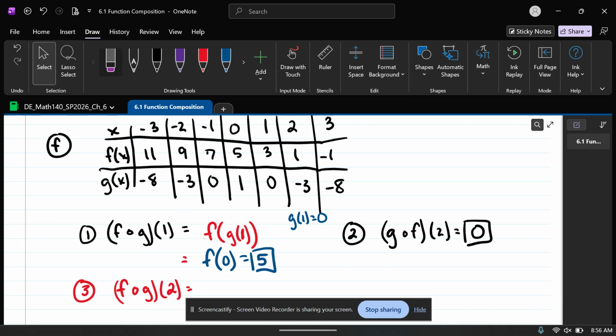That's the g of x. -3 and 11. So the y value that goes with negative 3 became my new x value. The y value in f is 11. So that's going to be 11. Completely different number than the other direction of that. That's okay.